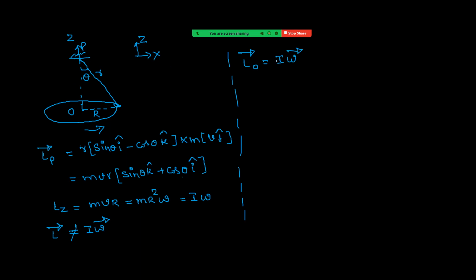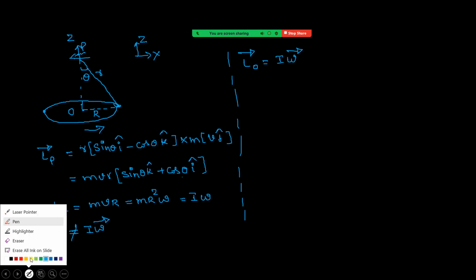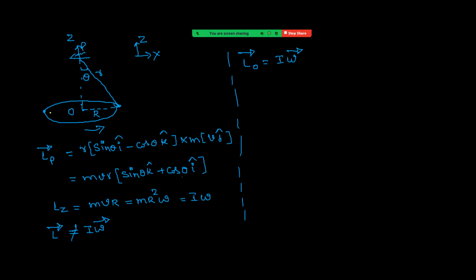Let us now generalize this for a rigid body. If we consider one more particle diametrically opposite, having the same sense of rotation, see what happens. Where does the change come?